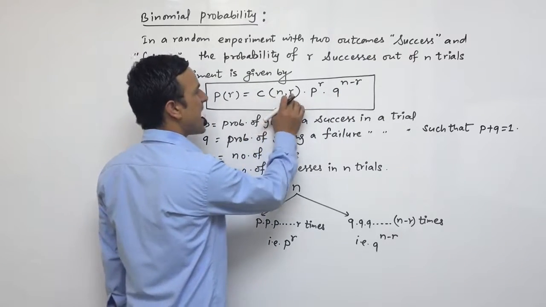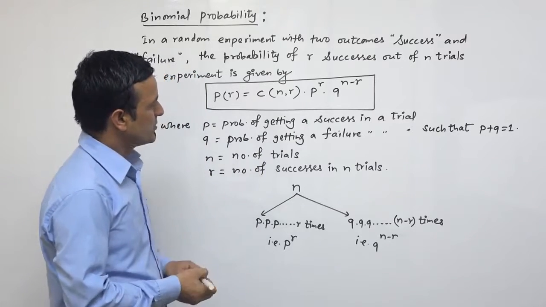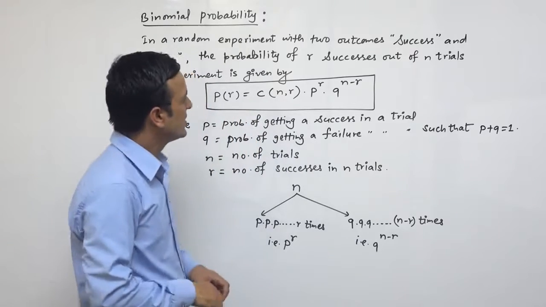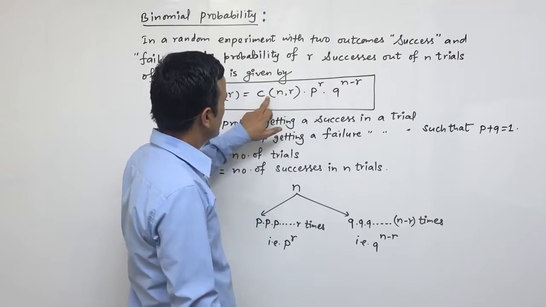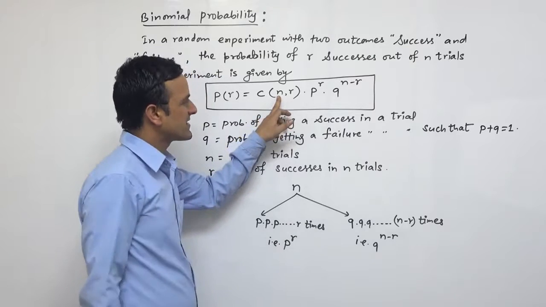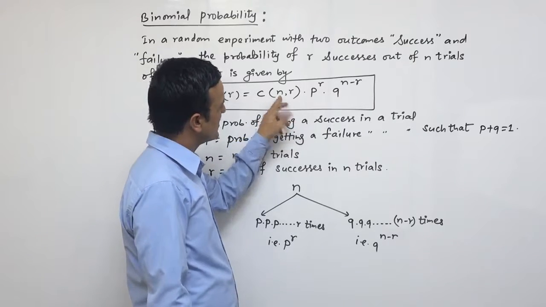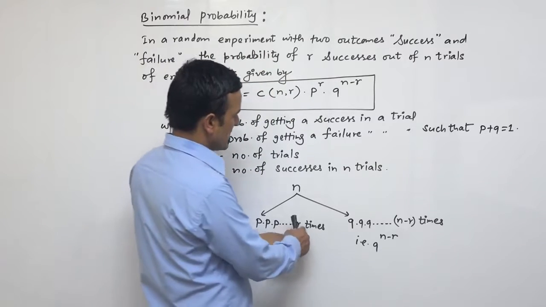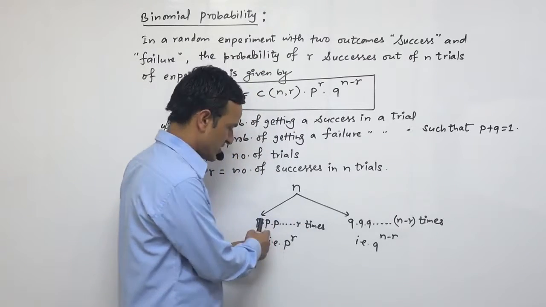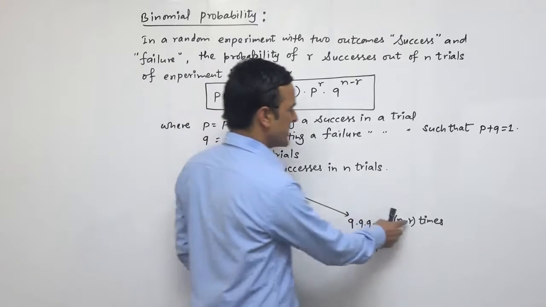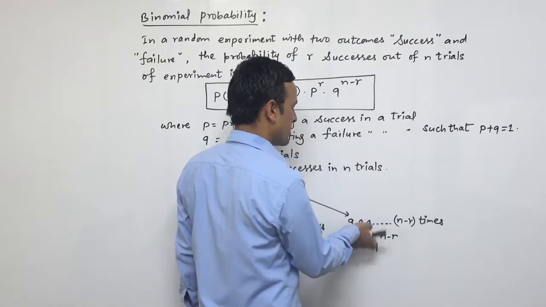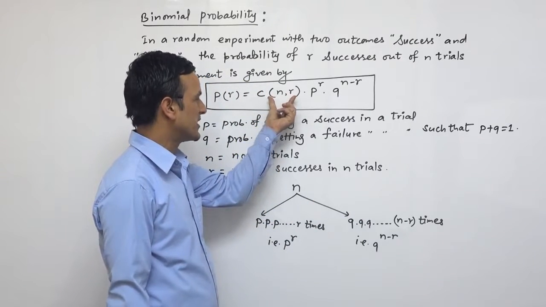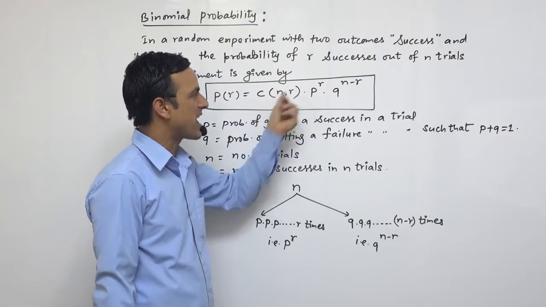And C n comma r means what? यो दुईटा टर्मको मल्टिप्लिकेसन र CNR means it is the combination. यस्तो सक्सेस र फेलियर how many number of times it can be occurred for the success and the failure. यो n r times र r times सक्सेस आउने प्रोबेबिलिटी र n minus r times आउने फेलियर आउने प्रोबेबिलिटी चाहिँ कति पटक चाहिँ हाम्रो यसमा देखा पर्छ भन्ने टोटल आउटपुटलाई हामी cn कमा r लेख्छौं.